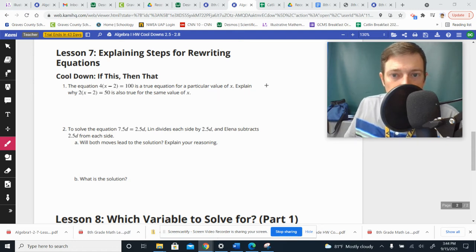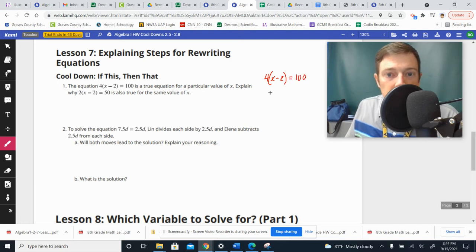So let's talk about that relationship really quick, because the relationship here is that I had 4 x minus 2's equaling 100, and then I'm changing it to where I only have 2 x minus 2's. But as I reduced it to half the amount of x minus 2's that I had, I also changed my 100 to half of its amount.